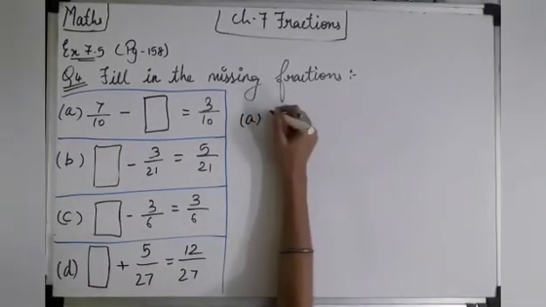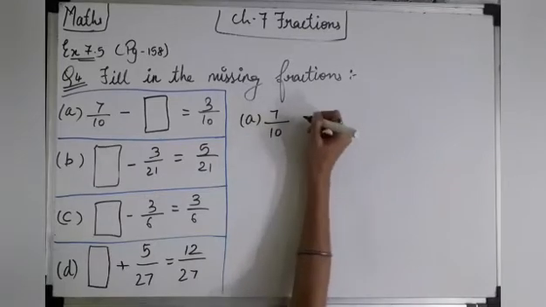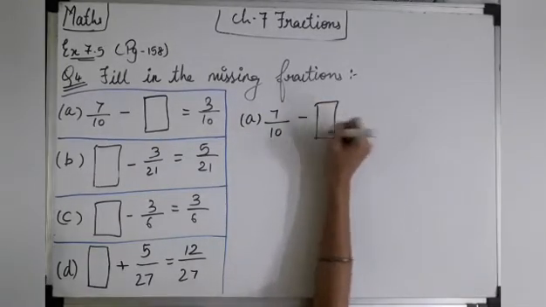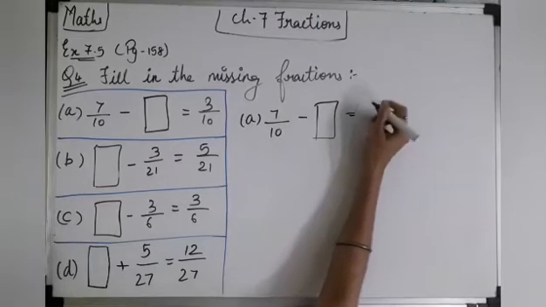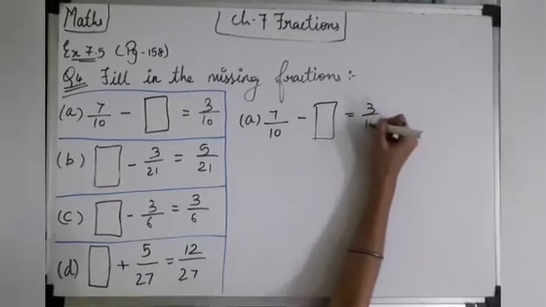Starting with A. The question is 7 upon 10 minus dash is equal to 3 upon 10.